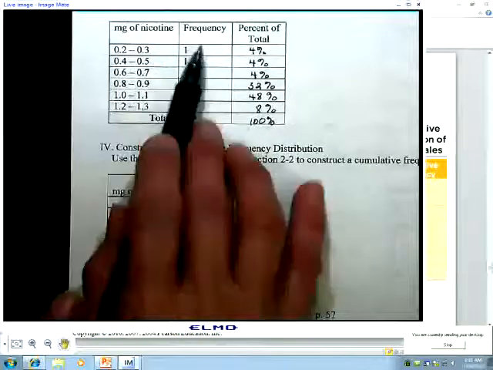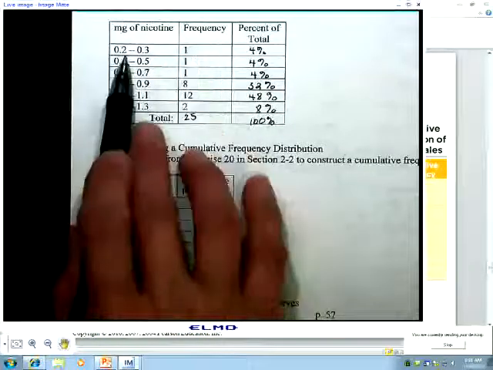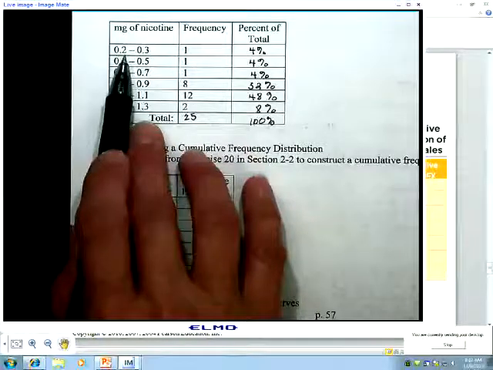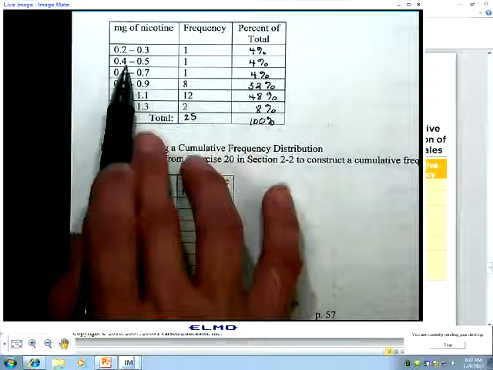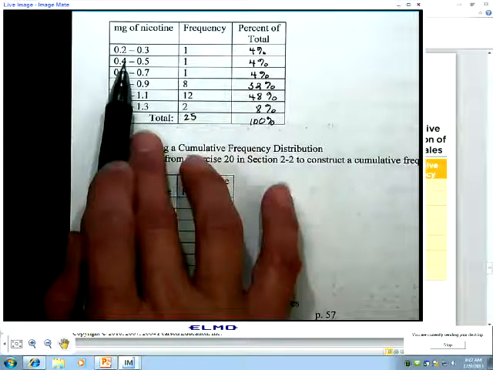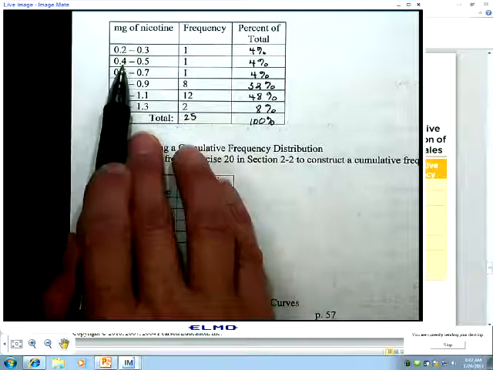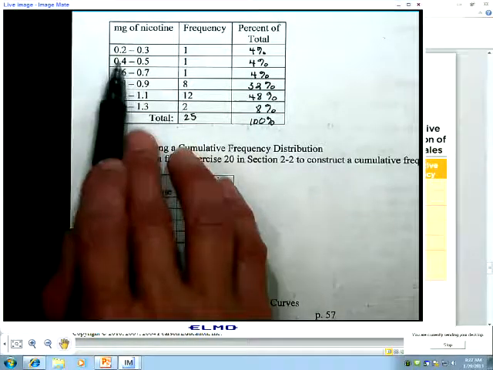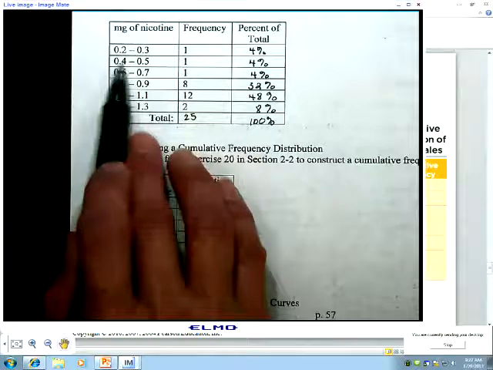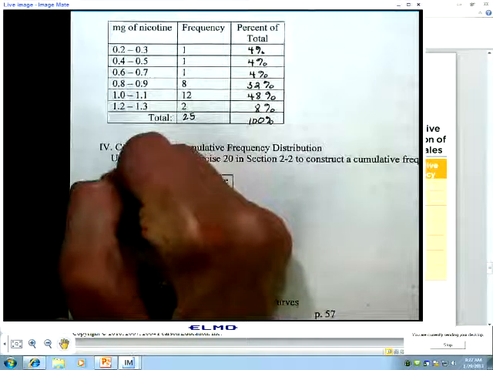No brand of cigarette had less than 0.2 milligrams of nicotine. Only one cigarette had less than 0.4. So that's going to be our first class. Our first class will be less than the second class, or less than 0.4 milligrams of nicotine.